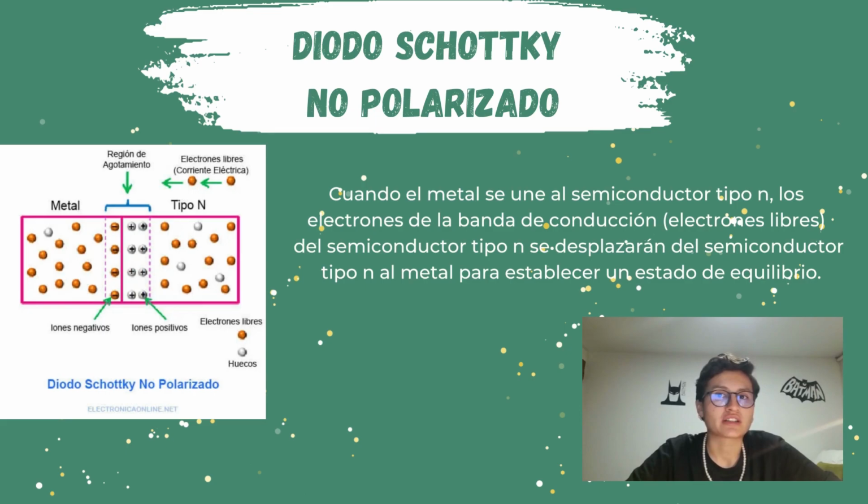The conduction band electrons that cross the junction will provide additional electrons to the metal atoms. As a result, the metal atoms at the junction gain extra electrons, and the semiconductor atoms lose electrons. Atoms that lose electrons inside the junction become positive ions, while atoms that gain additional electrons in the metal junction become negative ions.